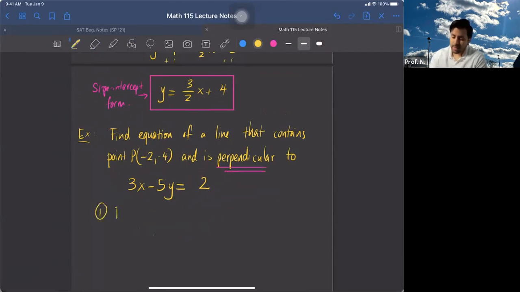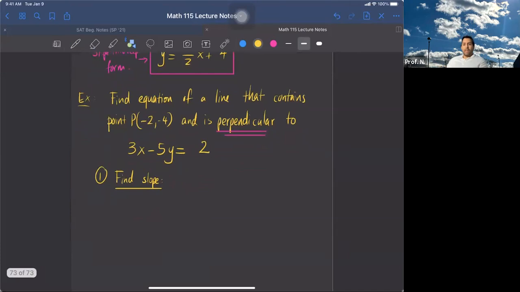The first thing I want to find is the slope. That doesn't change. The problem with this one is I don't have the slope of the line immediately. I can't just get it immediately from 3x minus 5y. So what do I have to do instead? How do I find the slope for 3x minus 5y equal to 2?